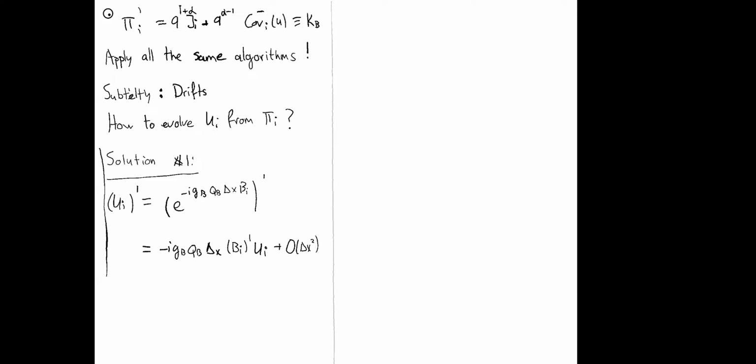And the way you then take your drift is that you rewrite that in terms of the conjugate momentum, q_B over a^(1-alpha), delta x, times i B_i U_i.